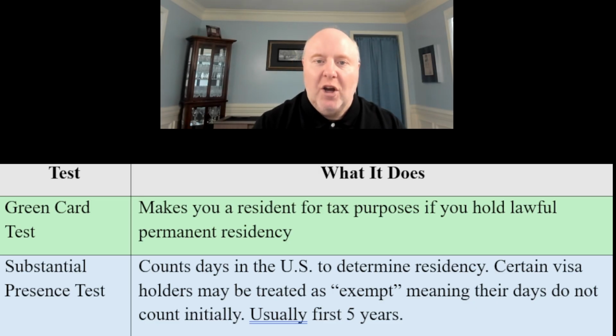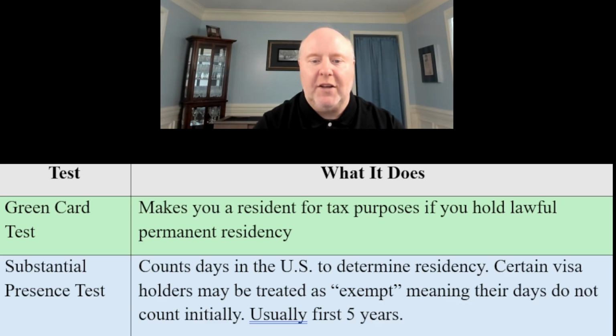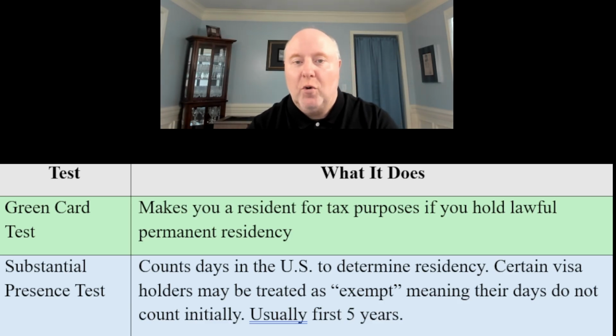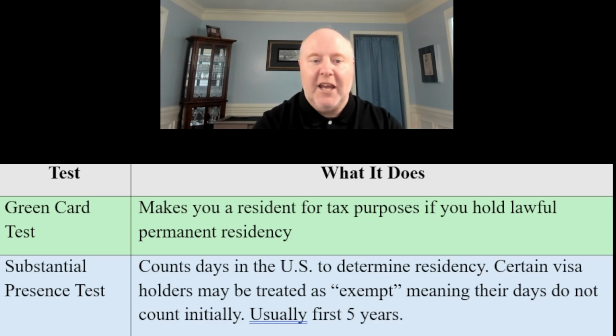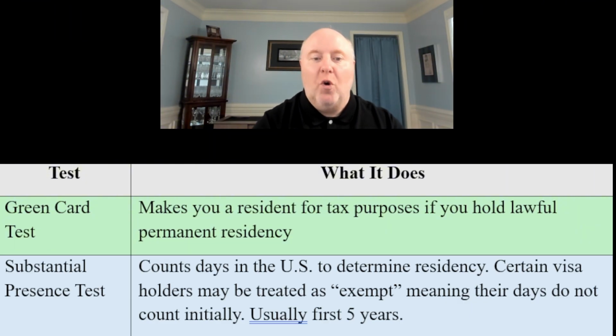So instead, what happens is for basically your first 5 years that you're in the U.S. on one of these visas, you're going to be doing the 1040 NR because the substantial presence test probably isn't going to apply. So that's what you're basically looking at as you're trying to figure out which one of these you're going to be filing, whether you're going to be using the 1040 or the 1040 NR.